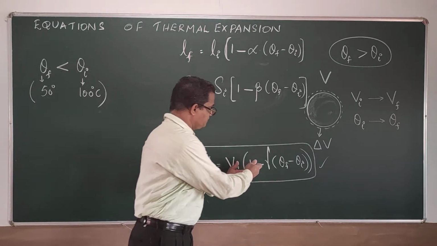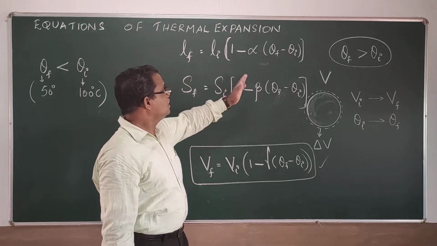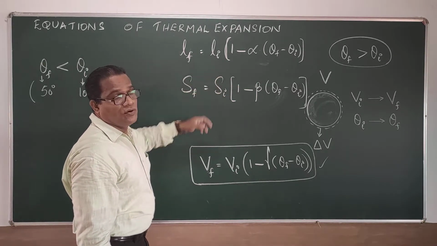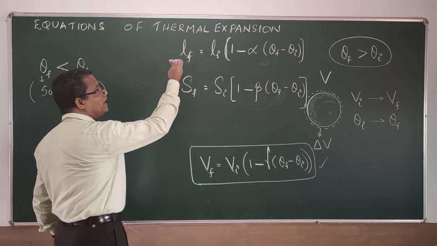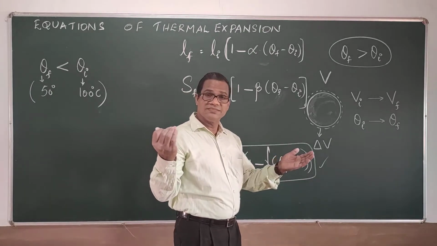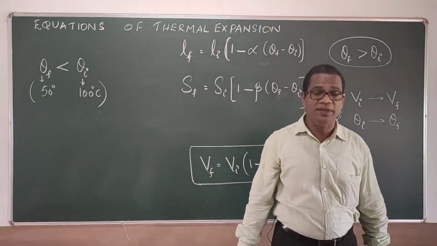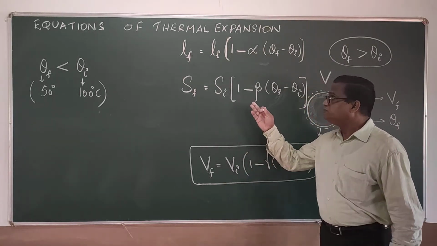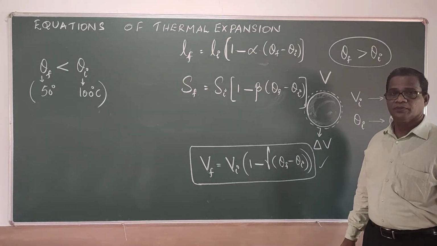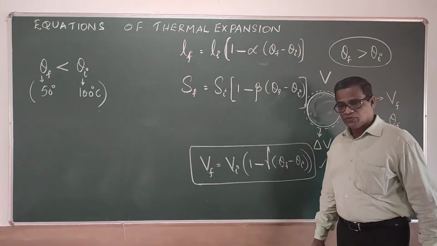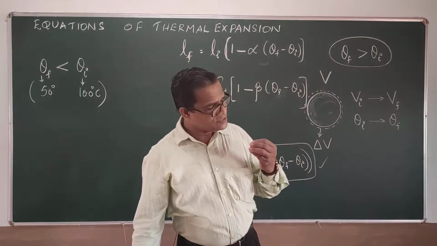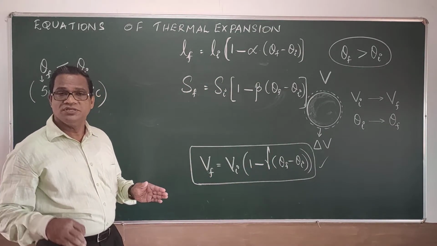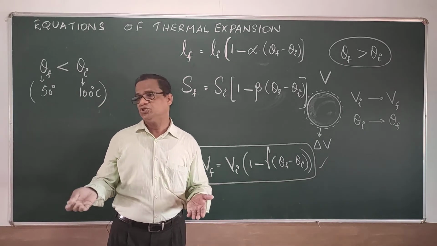So what happens if a minus sign comes over here? Because of this minus sign, the final dimension goes less than the initial dimension. That means a contraction is taking place. Understood? So in the same equation, you just substitute the change of temperature. If that change of temperature is positive, expansion happens.